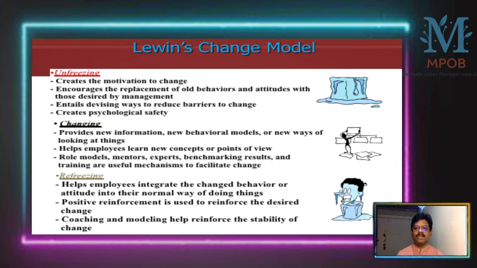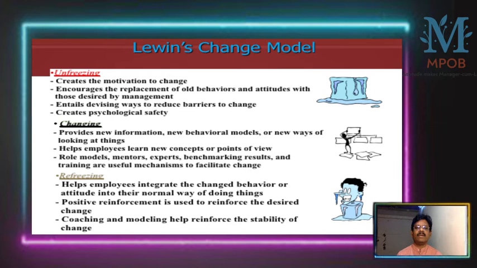When there is an unfreeze, in the sense when you make them ready and prepare them to accept the change, that is the vital stage and condition to introduce the change. So when you have unfreeze in place and the system is ready to bring change, then the second level is to introduce change, that is changing.